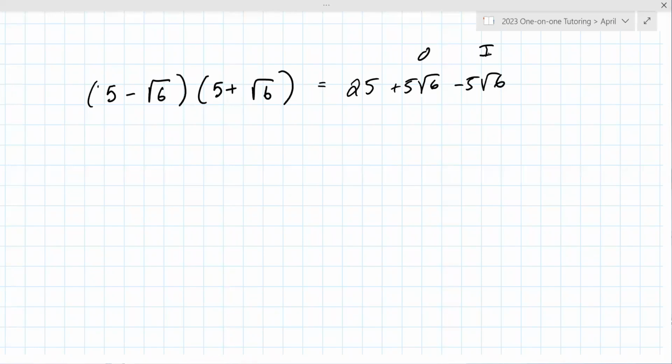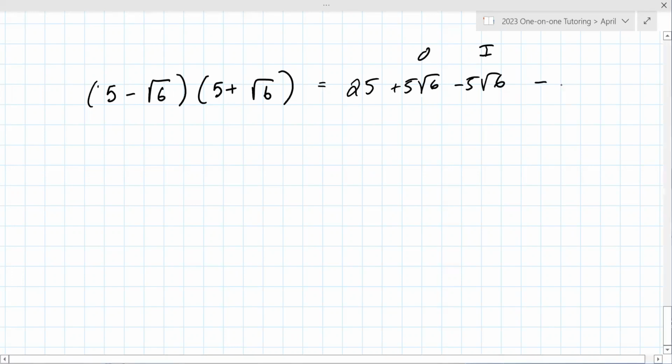So keep going here. Feels like you're pretty close on this. So when I'm FOILing the negative square root of 6 and the plus square root of 6, that's what I was talking about. Oh, I'm sorry, I misunderstood. You're answering my wrong question here.